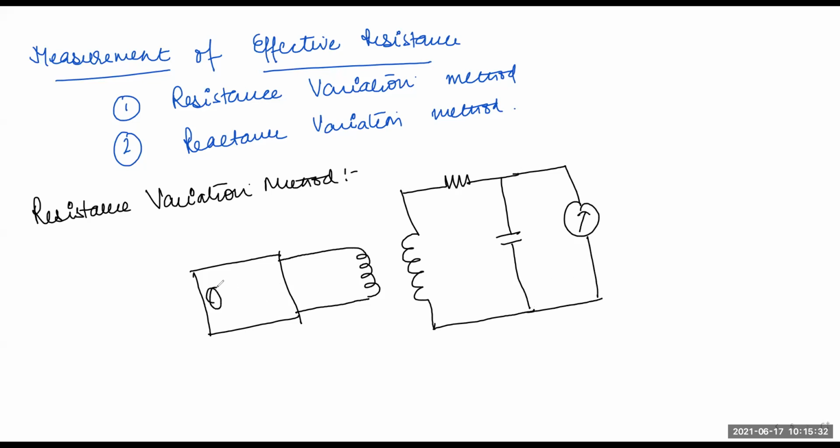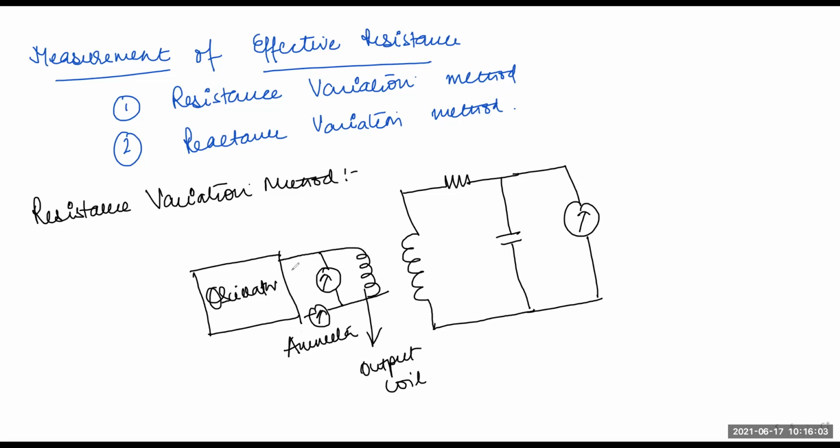This is my oscillator, and here you connect a VTVM, and you also have an ammeter in this particular area. This is the output coil. This is my ammeter.